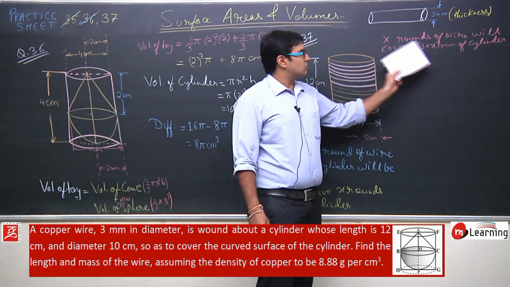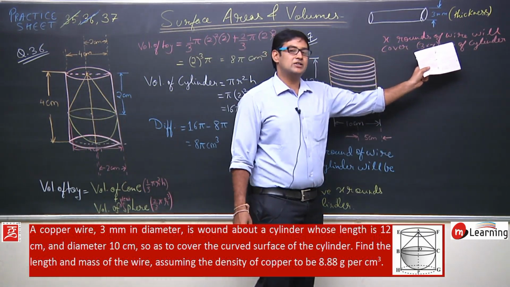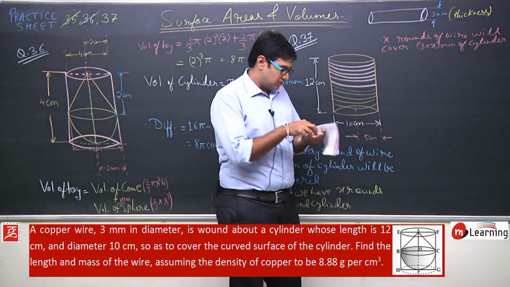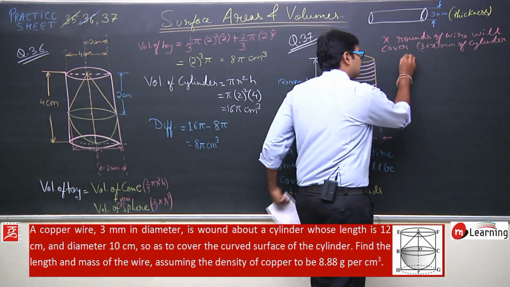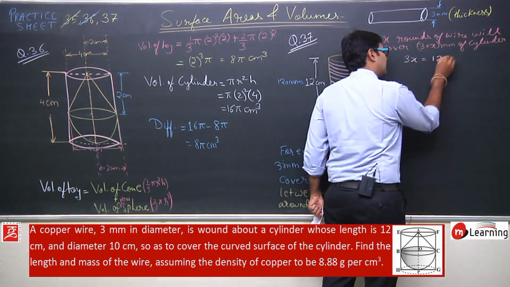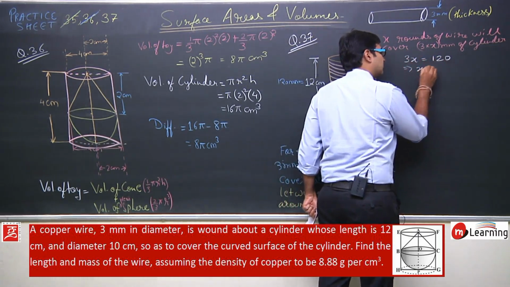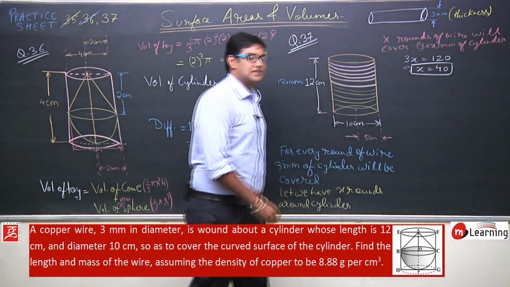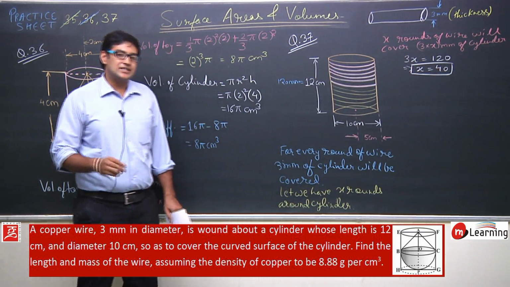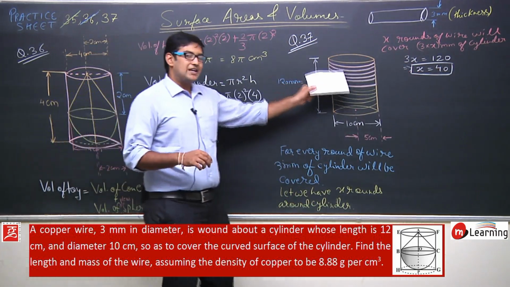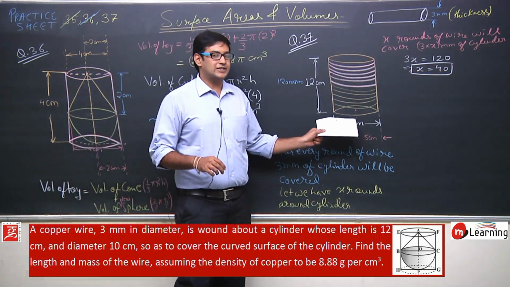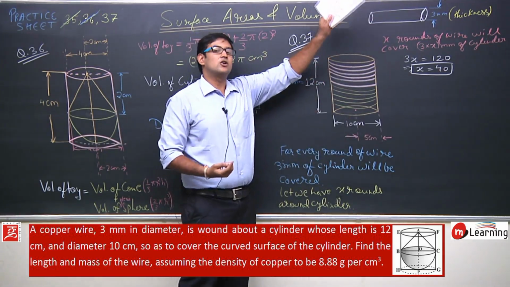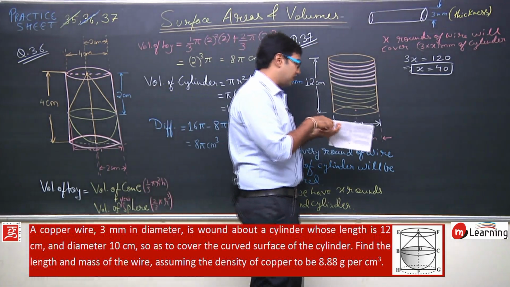And for x rounds I have 3x millimeters of length of the cylinder covered. So 3x is equal to 120, which implies x is equal to 40. So what does this 40 represent? This 40 represents that to completely cover the curved surface of this cylinder, I need to make 40 rounds of this particular copper wire.